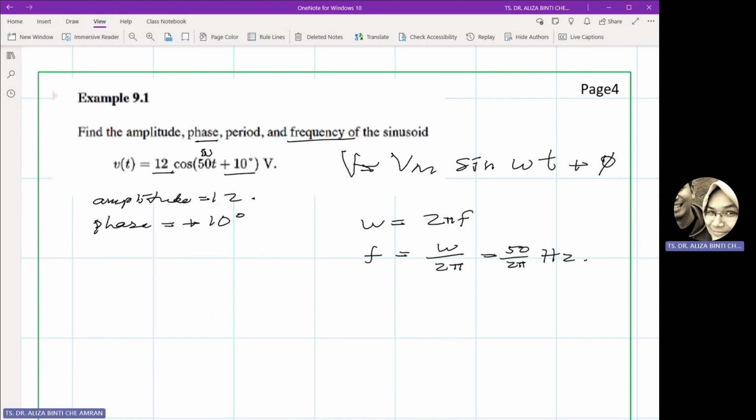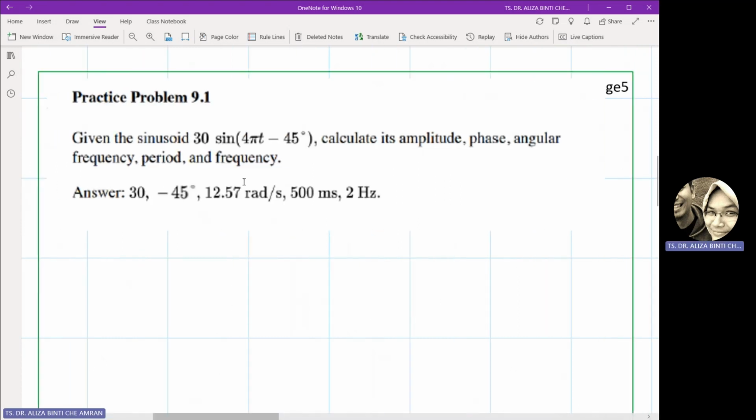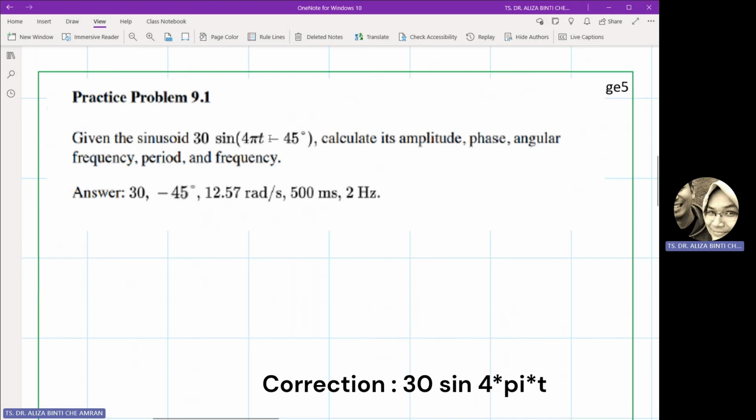For example, this has the same form of problem to be solved. The question gives you a sinusoid 30 sine 4 pi t minus 45. Calculate the amplitude. Directly, the amplitude is 30. And then the phase is minus 45. How about the angular frequency? 4 pi.